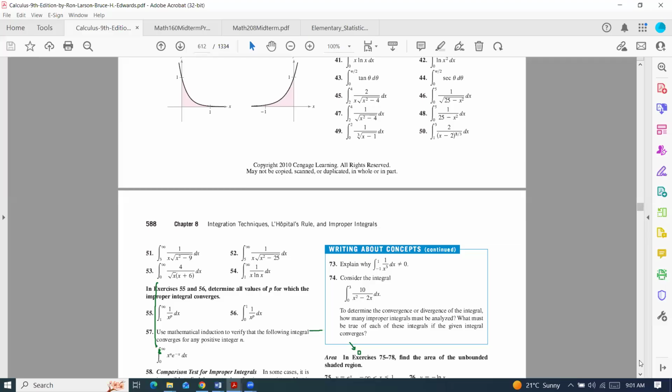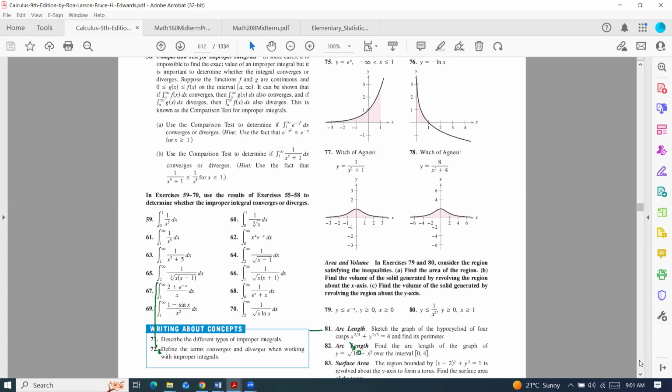So maybe I can try one here, oh, here's 59, for example. Nice exercise. 59 says, take the integral from 0 to 1 of x to the power of -5 dx.